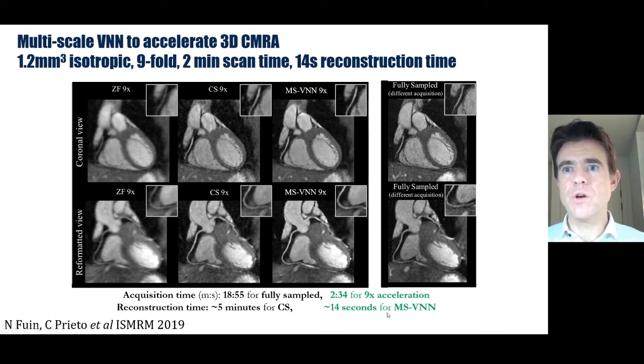So this CS would be also 2 minutes 34, but with a longer reconstruction, and perhaps with a result that is not doing as well as the variational network method with the multi-scale approach used here, where basically you've got a much faster reconstruction and possibly even a better image quality as well.